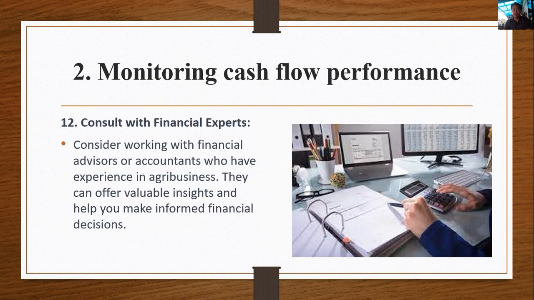And also, class, consult with your financial experts. Consider working with financial advisors or accountants who have experience in agribusiness because they can offer you valuable insights, and these insights will help you make informed financial decisions.